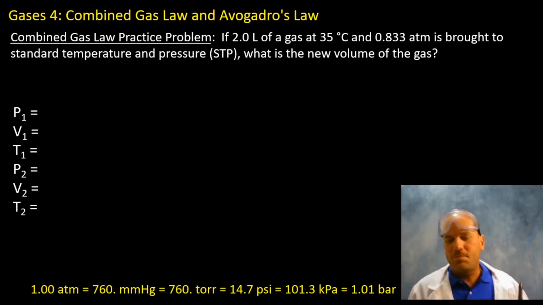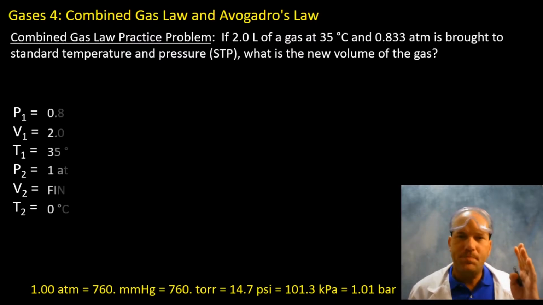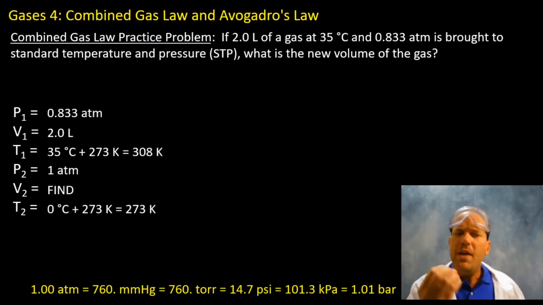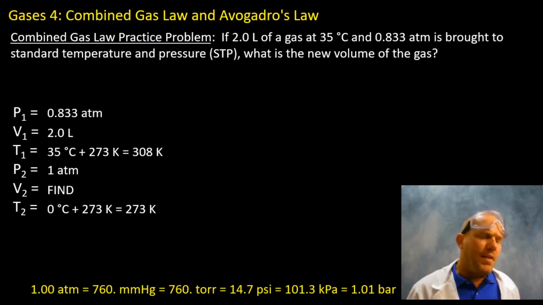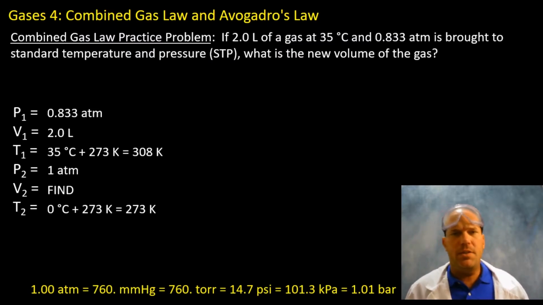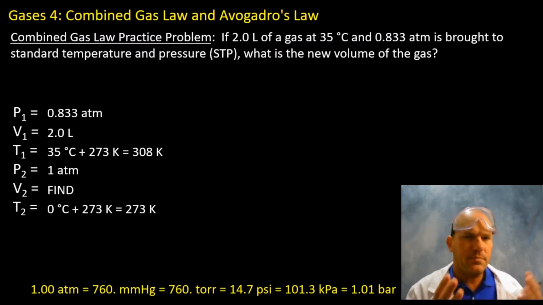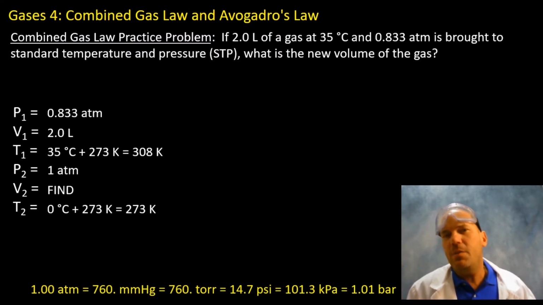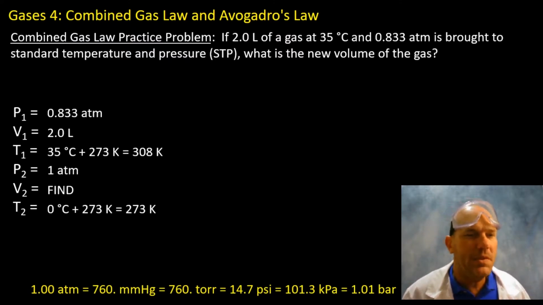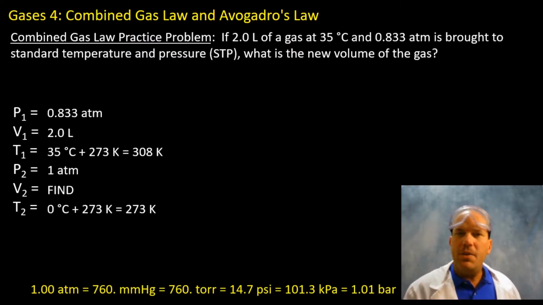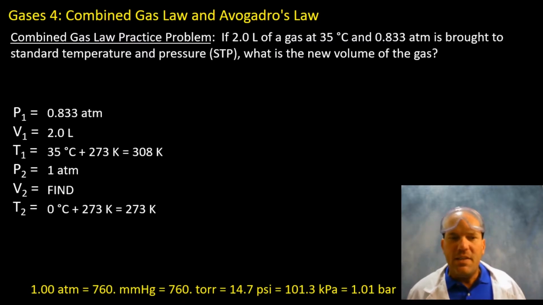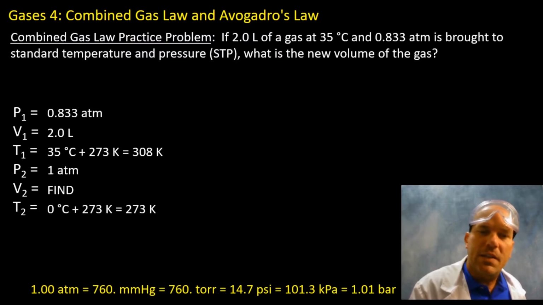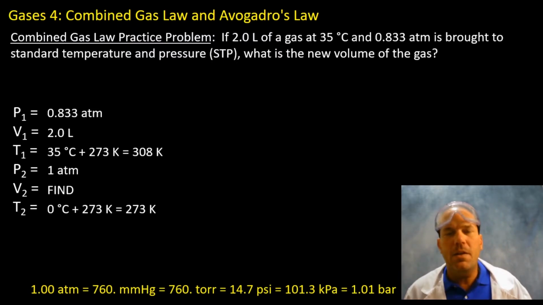So, what do we know? Here are our variables. Here's what we know, and we're trying to find the volume after the change, so the final volume. Recall, when we're dealing with gases, we use Kelvin for temperature, which is an absolute scale. So that is why you see 273 Kelvin plus 35 degrees Celsius, because that's being converted into Kelvin.